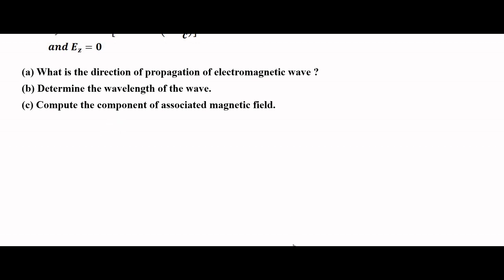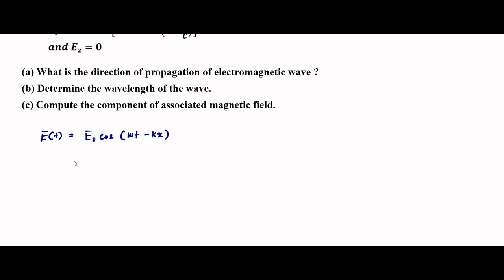The very basic representation is E(t) = E0 cos(omega t minus kx), where E0 is the amplitude, omega is the angular frequency, t is the instantaneous time, k is the wave number, and x is the propagation direction. I'm assuming the propagation direction is along x. We have already discussed it in the basic concepts of electromagnetic waves.